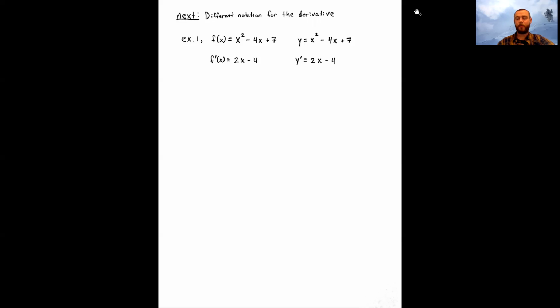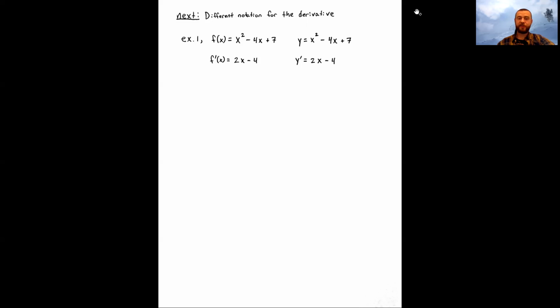In algebra, we would write a curve in the form y equals some combination or function of x. And if we express our function as y equals instead of f of x equals, we're going to write our derivative as y prime. And here, for y equals x squared minus 4x plus 7, the limit definition still gives y prime, the derivative, as 2x minus 4.